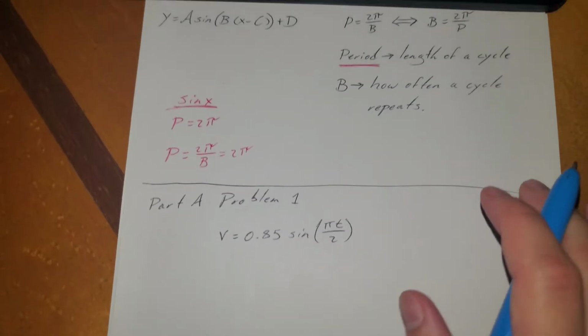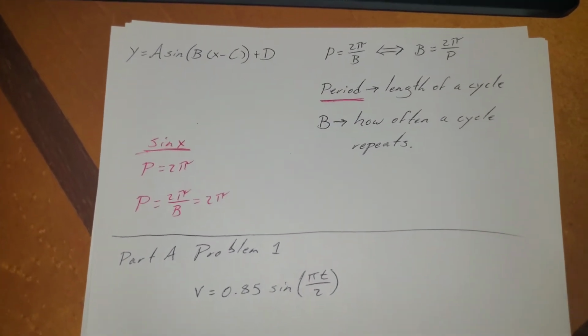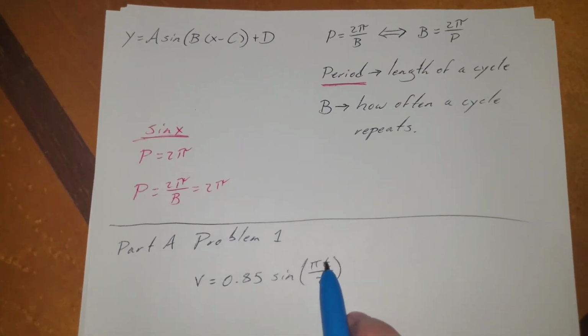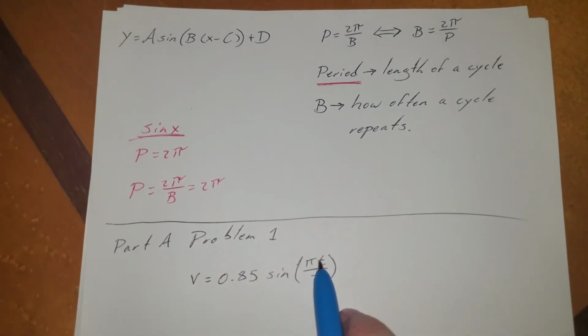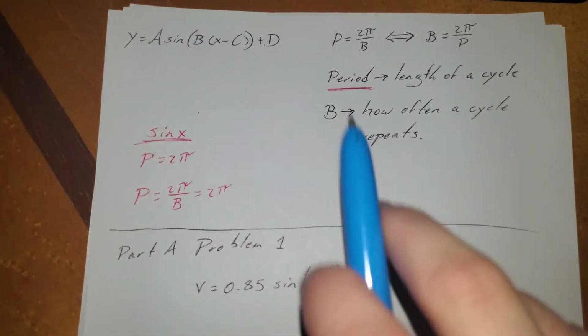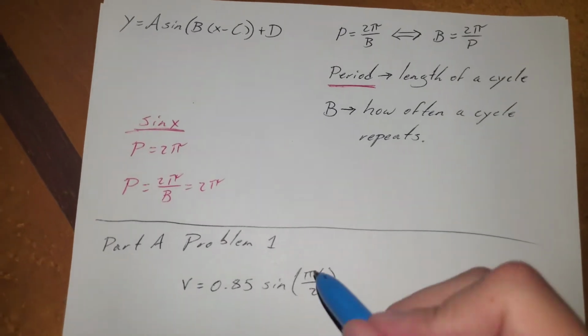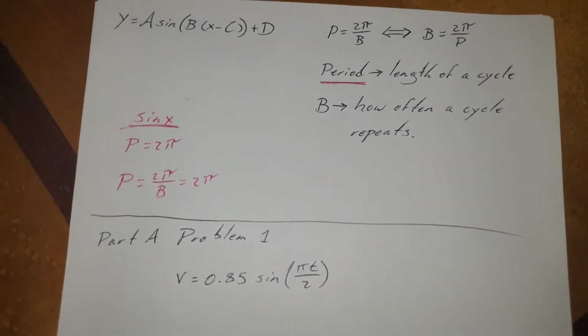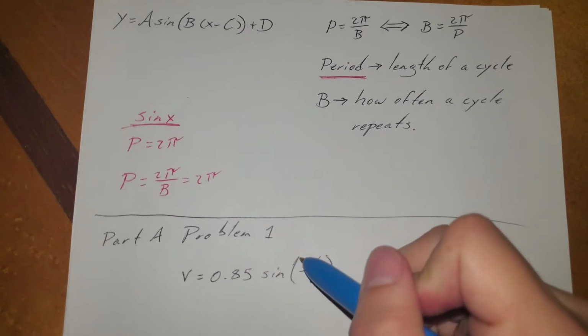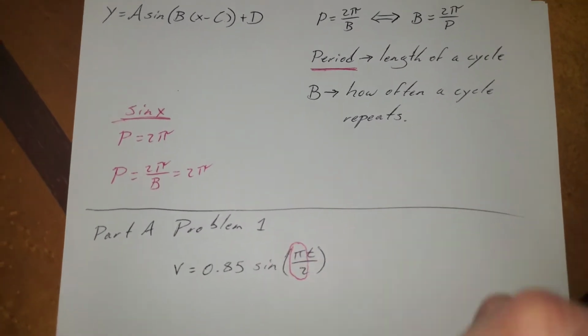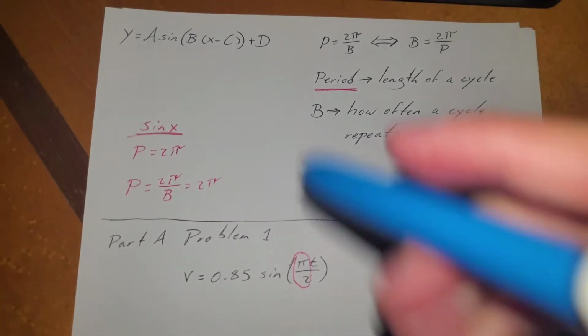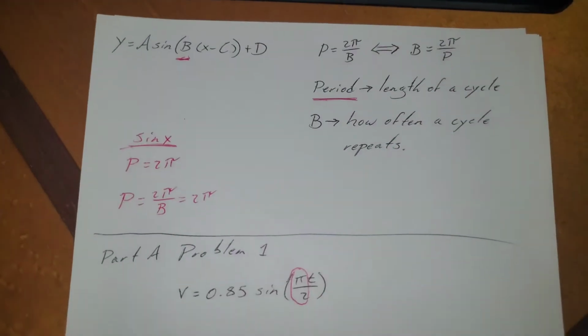Now look at the equation. t is our x value, and that means the number that's right next to our x value, or t in this case, this value here, is going to be our B value.